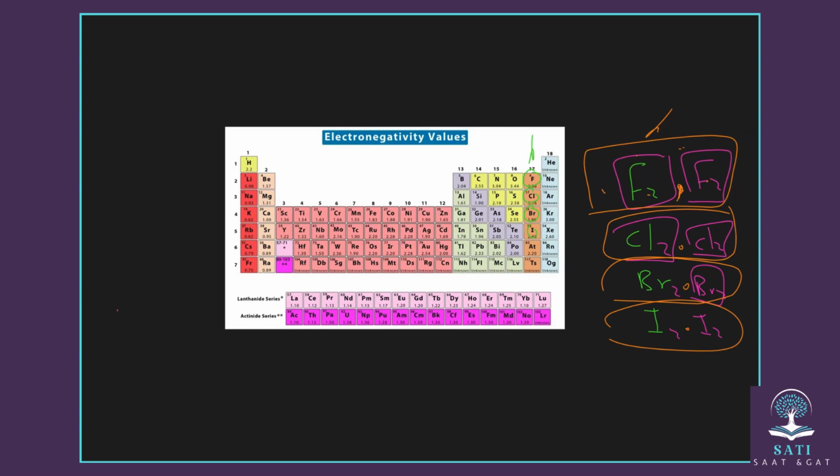If we classify them, you're going to see that fluorine has 9 electrons, chlorine 17, bromine 35, and iodine 53. So if we go down this group, we're going to see more electrons. If more electrons, the movement will be higher. The possibility of making positive and negative poles will be higher.